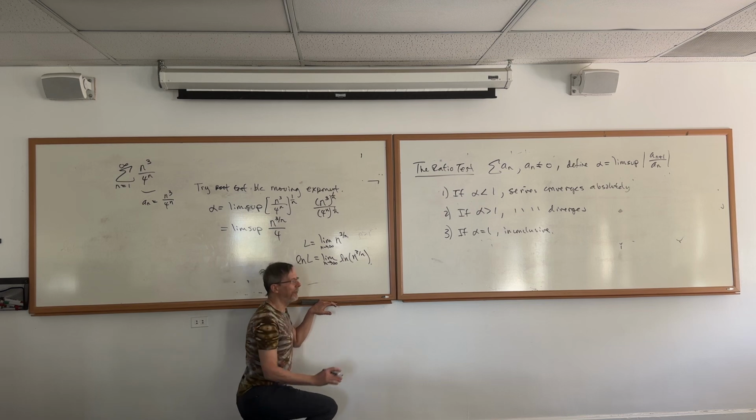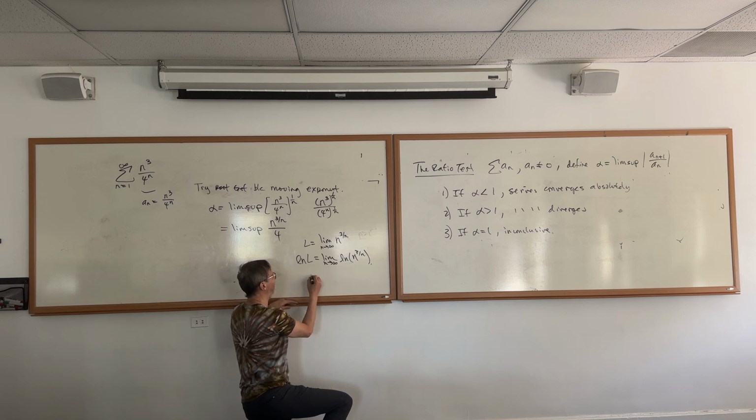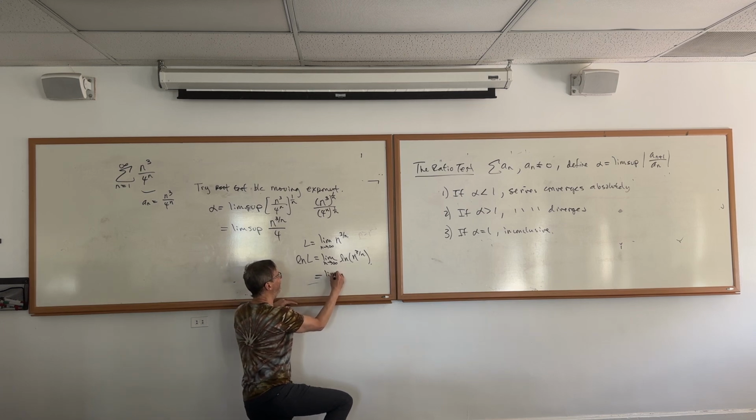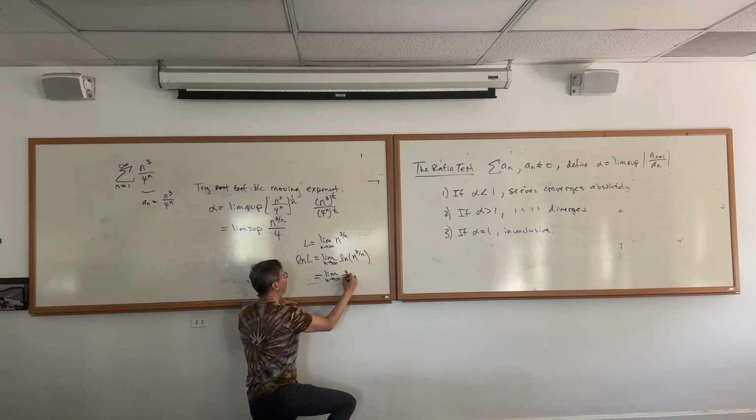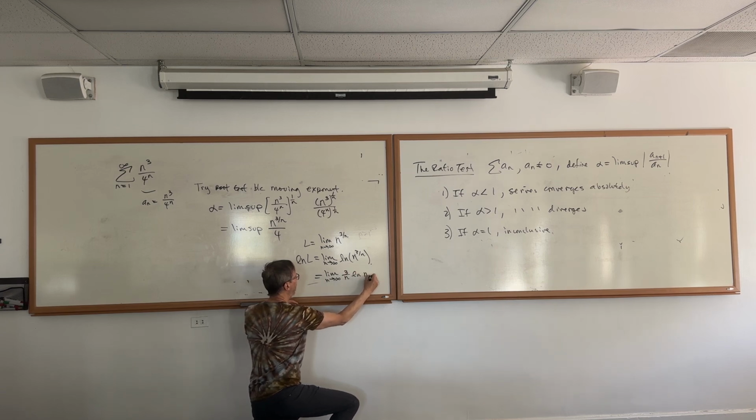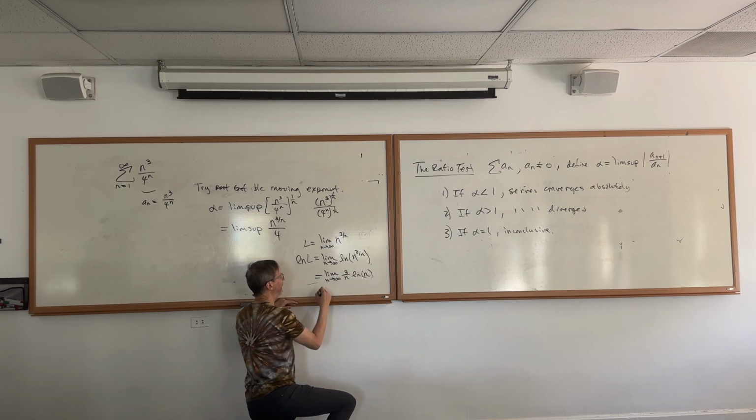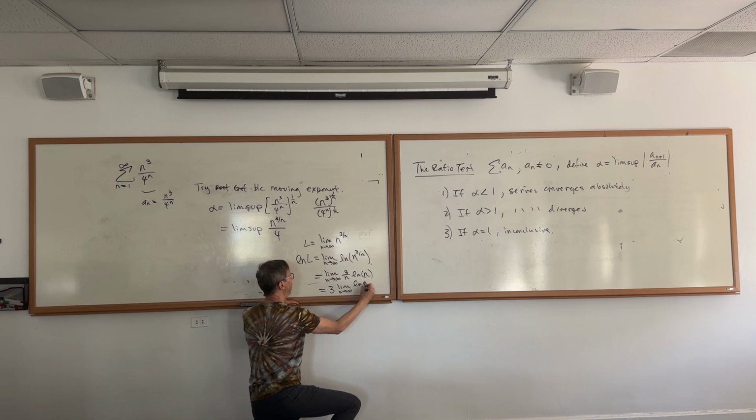What can I do with that exponent? Bring it out in front. That's why I took the logs. Now at least it's out of the exponent. So this is equal to the limit as n goes to infinity of 3 over n times natural log of n. I'm going to pull the 3 out in front: limit as n goes to infinity of natural log of n over n.